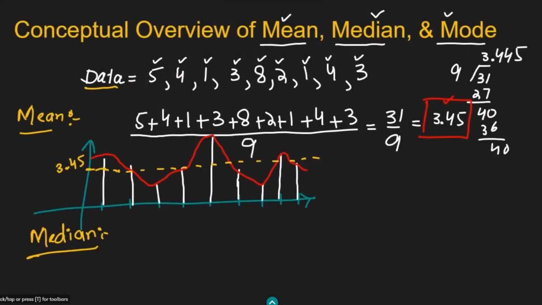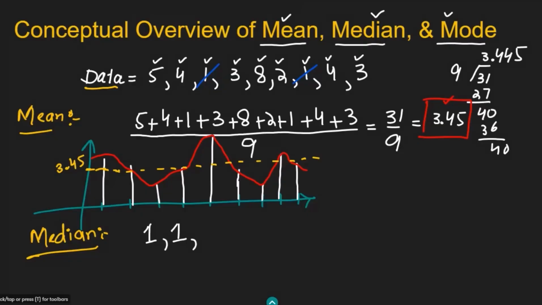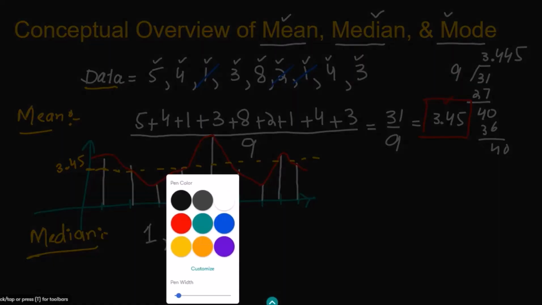So in sorting it, let me find the lowest number which I have here. The lowest number is 1. The first one is here, so let me remove it from here. The second lowest number is also 1, so let me write it here. After it, the lowest number is 2, so removing it and writing it here.